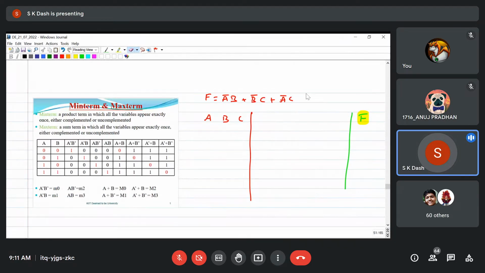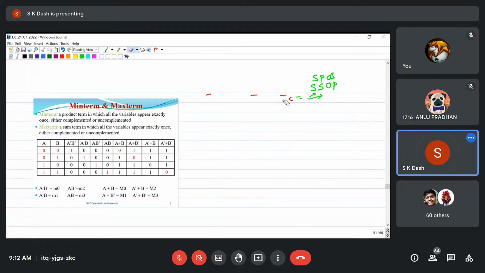For that purpose, first of all, this f has to be in either standard SOP form or standard POS form. If I can convert it into either standard SOP or standard POS, then I can directly write this f. So we'll see how we can do that.